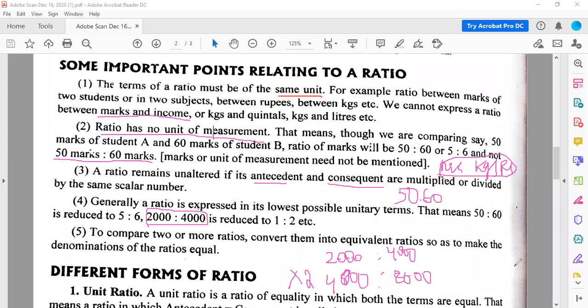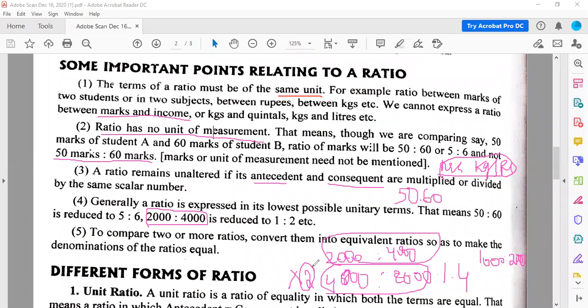Okay, correct? Now, if I divide this ratio by 4, what do I get? I get 1000 is to 2000. So what they are trying to say is, you can multiply the ratios by a scalar number.